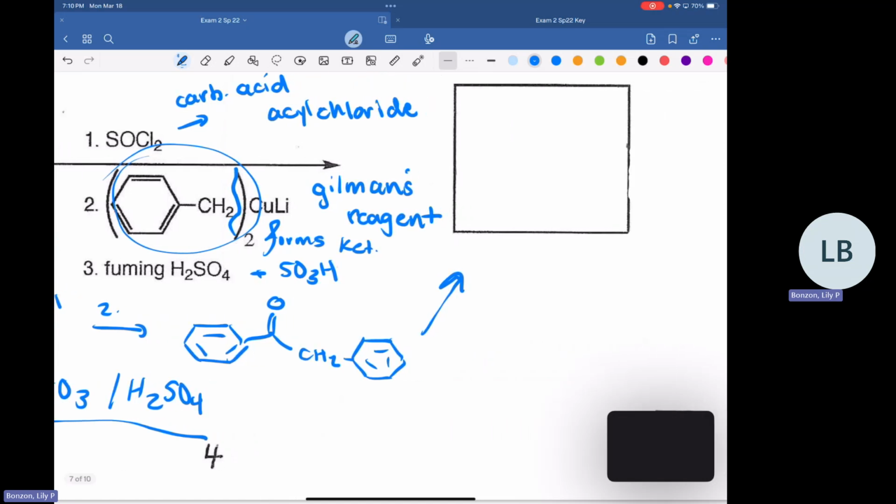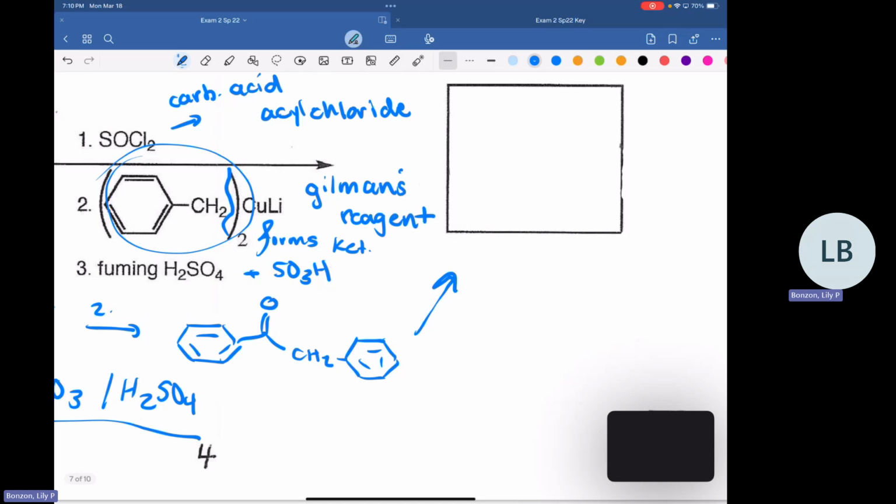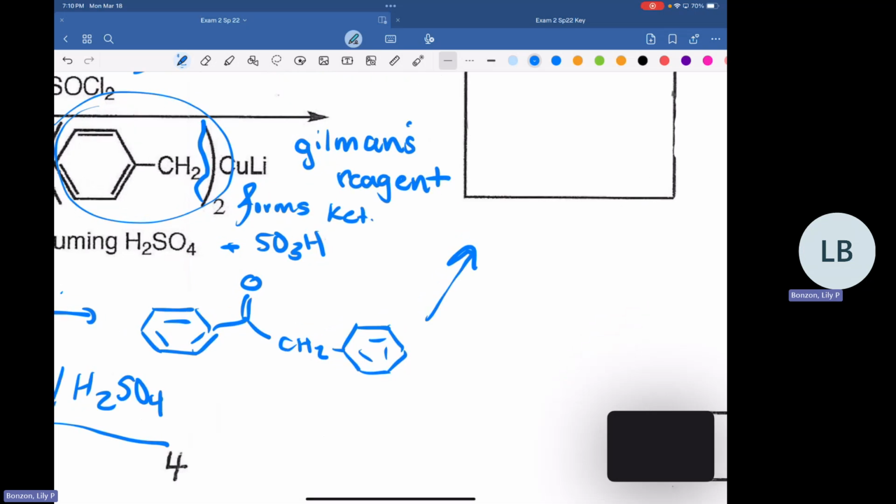And so with EAS, again, we're going to have to look at our substituents and the donating for the positions that we're going to add on here. So on the left, the carbon that's attached to the benzene ring is going to be a carbonyl. So this one's going to be a withdrawing group. On the ring on the right, we just have a CH2, so this one is going to be a donating group.